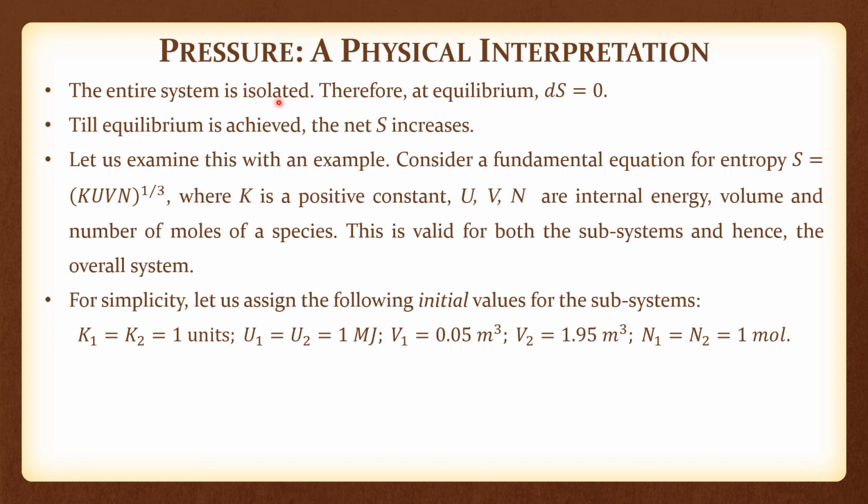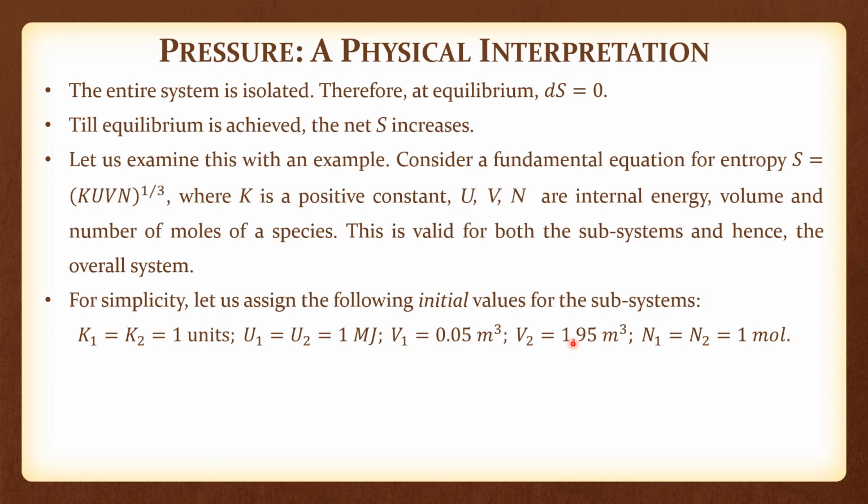So none of these totals can change: U1 plus U2 cannot change, V1 plus V2 cannot change, N1 plus N2 cannot change. U1 and U2 are not going to change, N1 and N2 are not going to change. We are only considering this degree of freedom. So V1 and V2 will change subject to the constraint that V1 plus V2 will be equal to 2 meter cube, right? So that is what we are going to do.